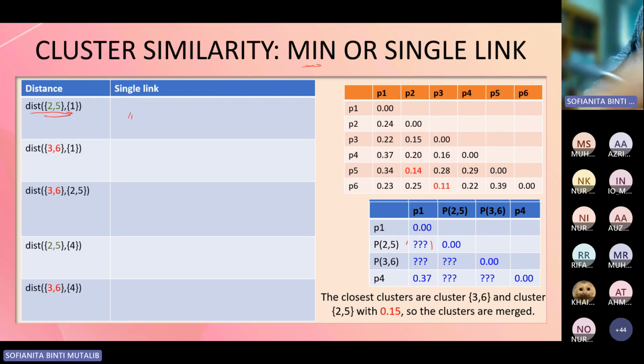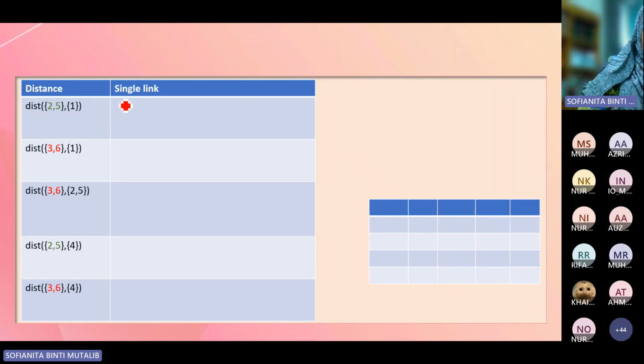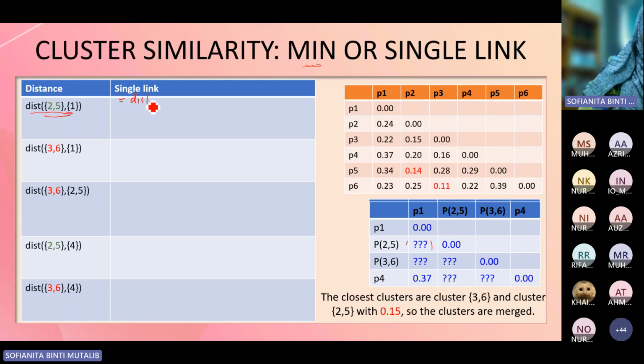Okay, sorry. We need to say here it is the minimum of the distance of 2, 1 and the distance of 5, 1.